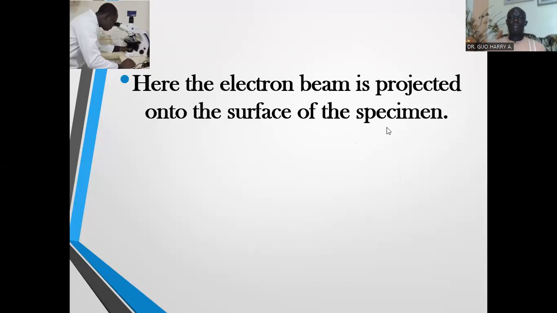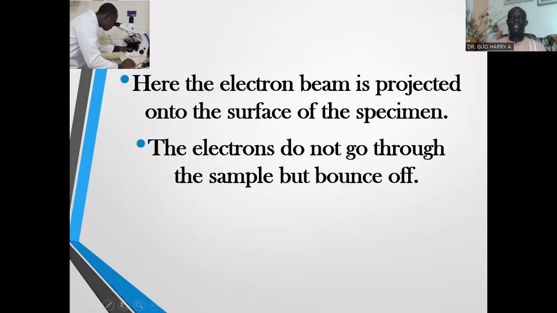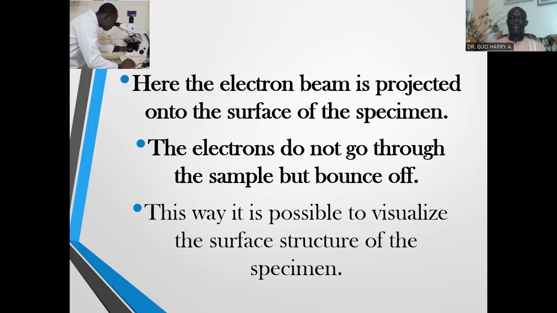Here, the electron beam is projected onto the surface of the specimen. The electrons do not go through the sample, but bounce off. This way, it is possible to visualize the surface structure of the specimen.